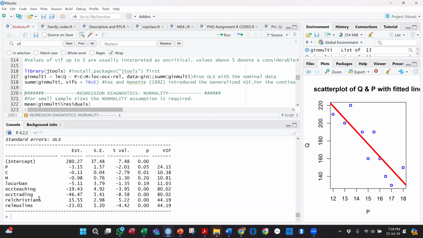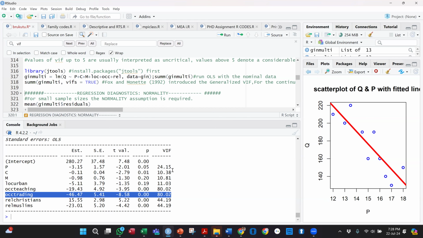If you check the occupation trading, remember I told you that ideally we don't normally deal with the dummy variable, but we are using it for this purpose. So if you check the occupation trading, the VIF for it, and you check for price, the VIF for it, which one do you think that it may be deleted? Which one do you think it may be deleted?